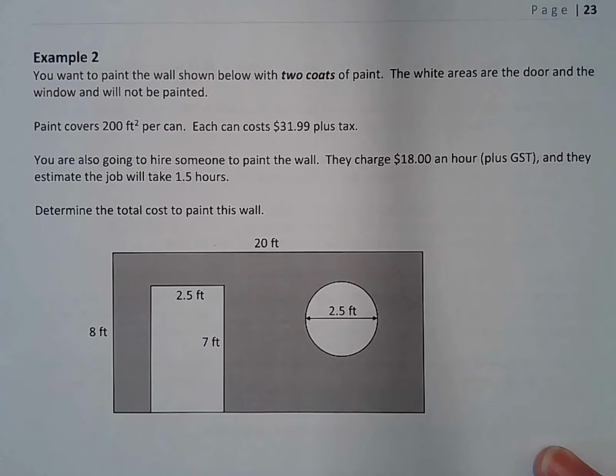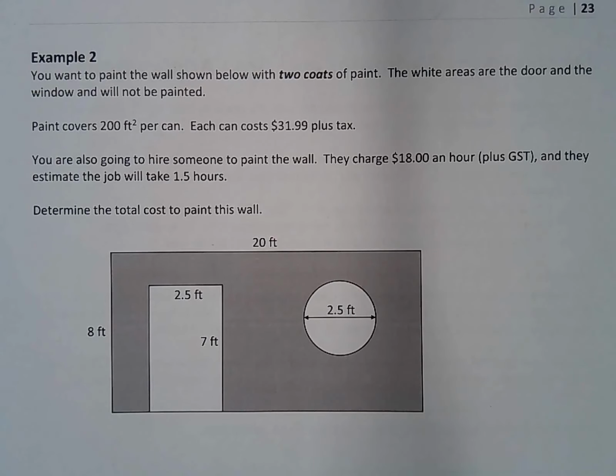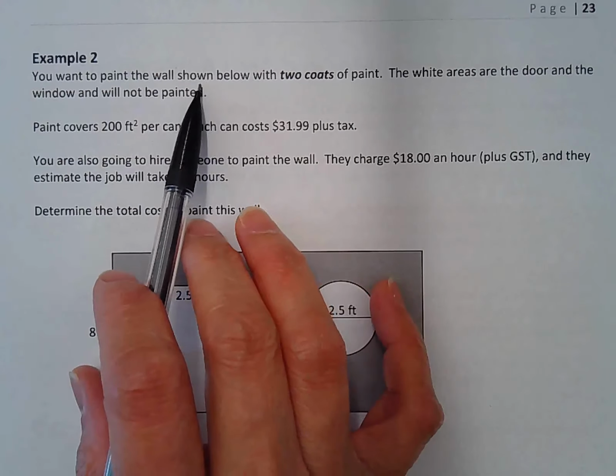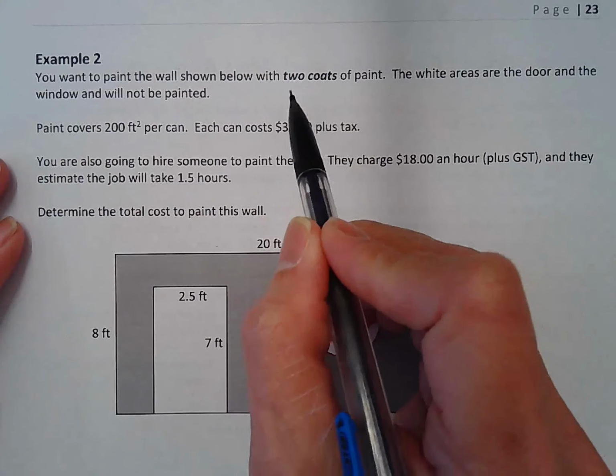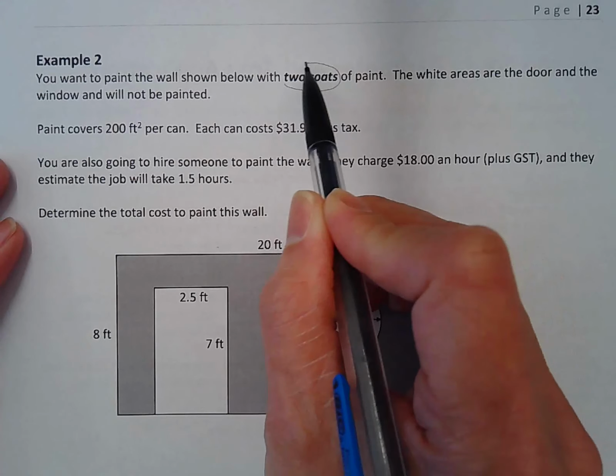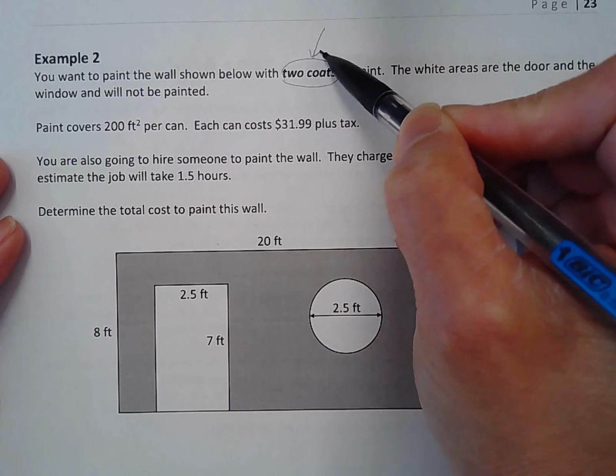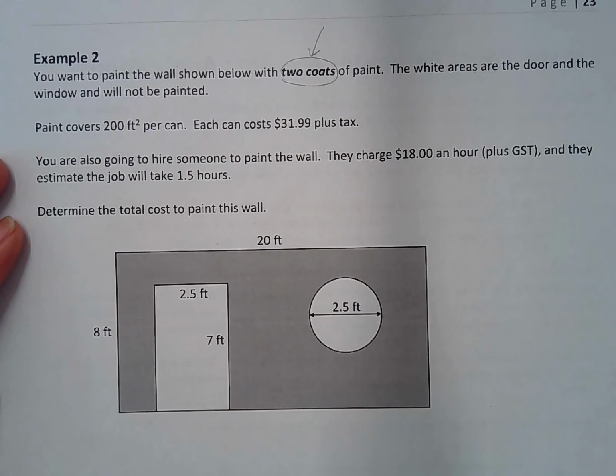Oh, this is nice. This is a real context, a real way to use this information. So you want to paint the wall shown below. Most of the time, people put 2 coats of paint.